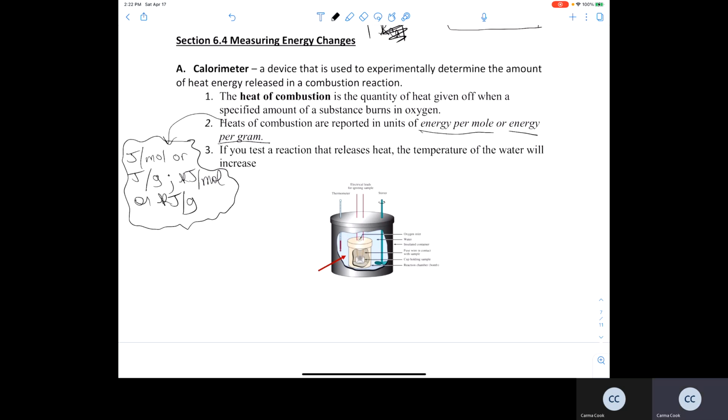Calorimeters will have a certain amount of water in them, and then the initial temperature of the water is measured.